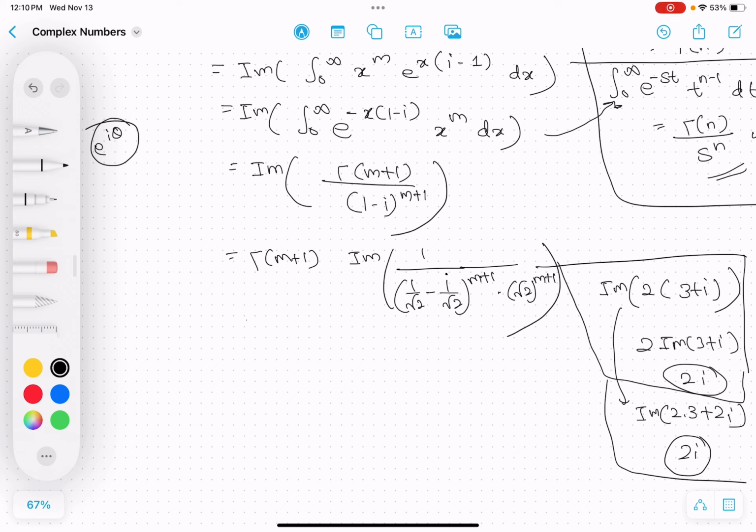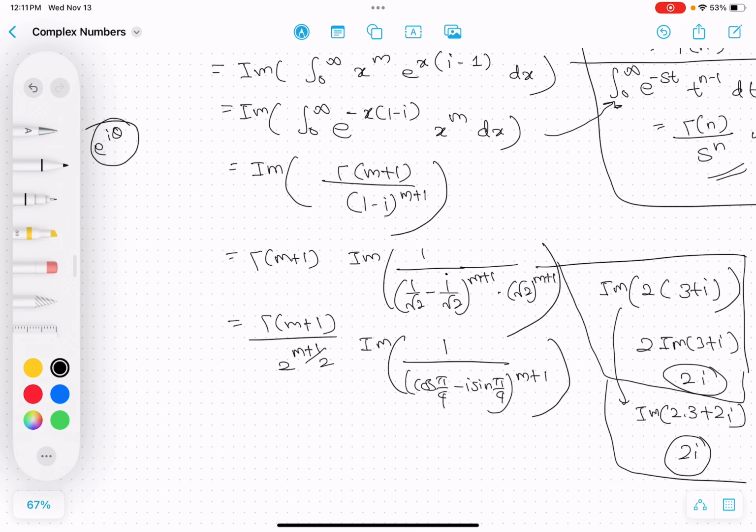And now after this it will again become gamma of m plus 1 by 2 to the power m plus 1 by 2, right? And after that this will just be the imaginary part of 1 by cos pi by 4 minus i sine pi by 4 to the power m plus 1, right?